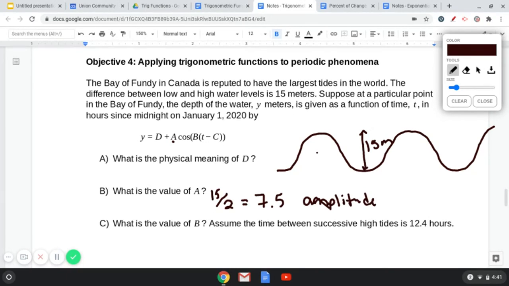Okay. Now the physical meaning of d. There are lots of different ways that you can think about this, but these are like waves, in a sense. So this d is however much is shifted up, like, from the ground. So d will be actually your average water level.